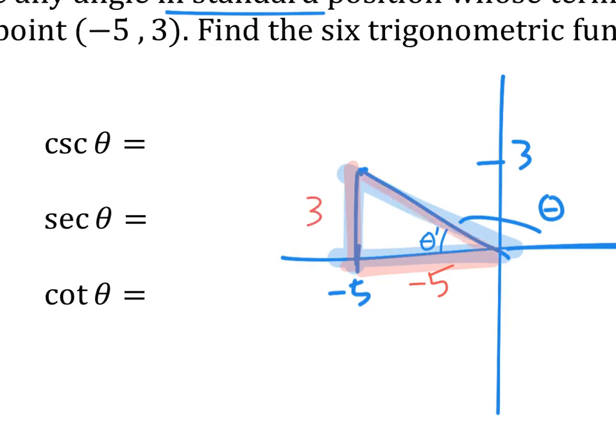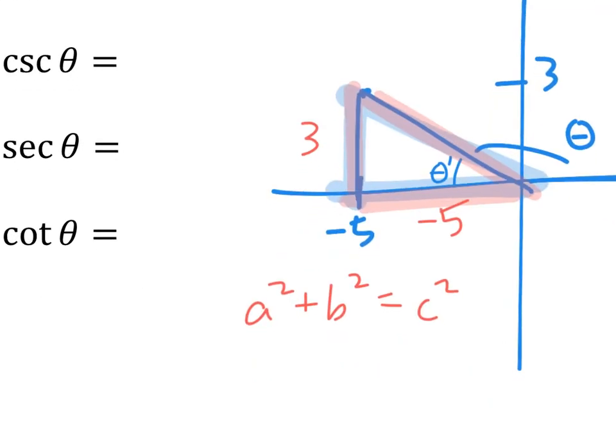What about this last side? How are you going to find it? Square root 34. So basically you did a squared plus b squared equals c squared. So negative 5 squared plus 3 squared equals c squared. 25 plus 9 is 34. So this is going to be square root 34.